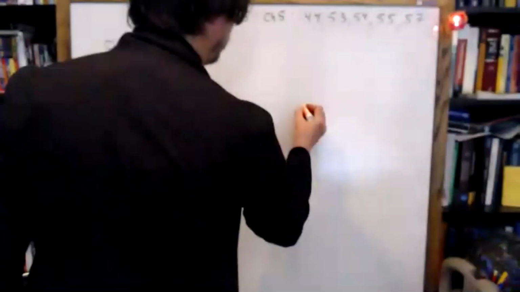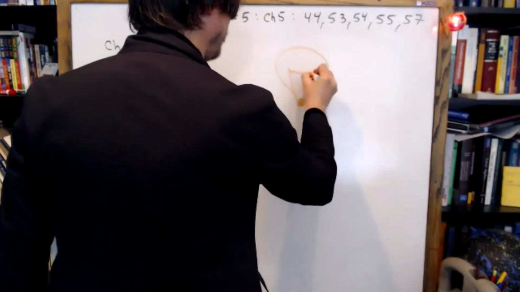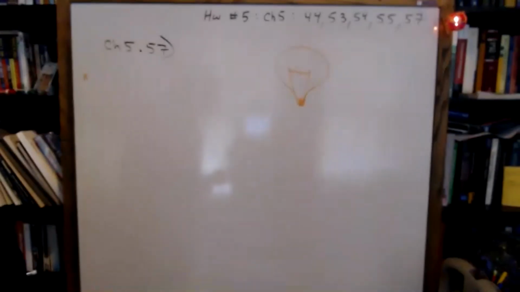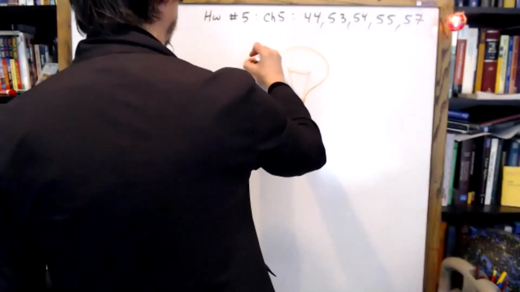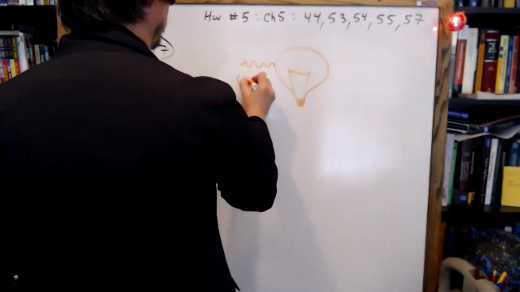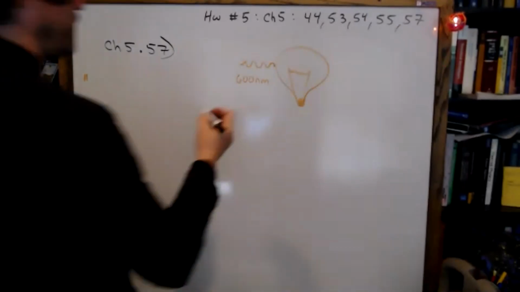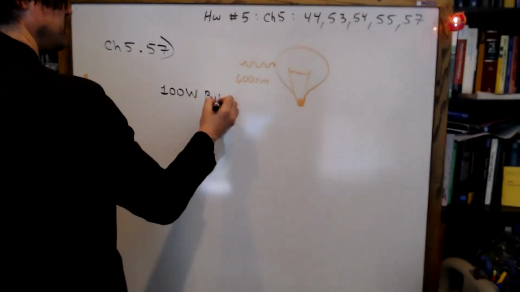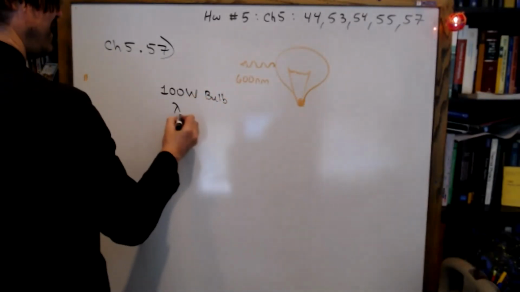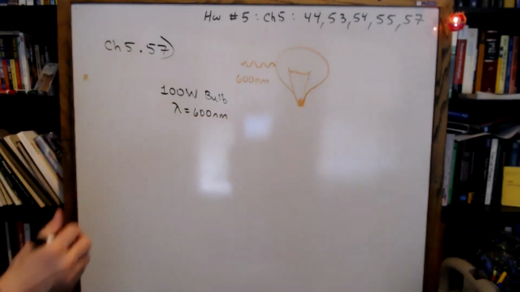Hold on. So I'm going to draw a light bulb here. I'm using orange. It turns out that the wavelength of 600 nanometers is the color orange. I'll show you that today. So it's a 100-watt bulb, but the wavelength of the photons is 600 nanometers.